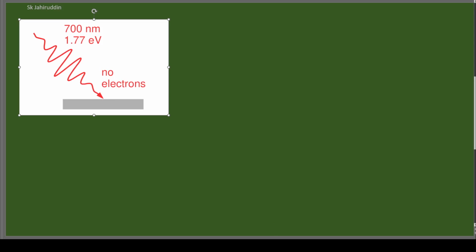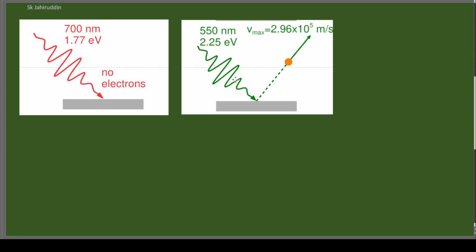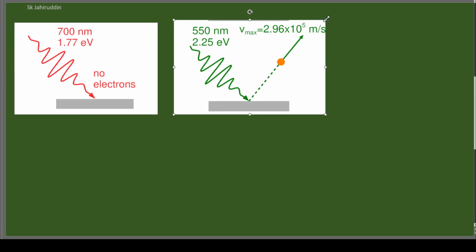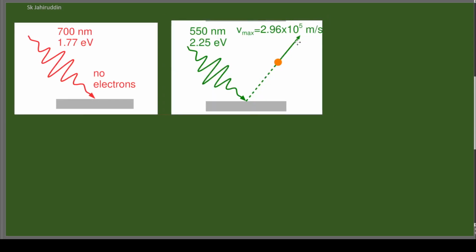If you give green light, whose wavelength is smaller, then for this particular metal you'll see some electrons with a maximum velocity around this. So this is 550 nanometer light with energy 2.25 electron volt. This is 700 nanometer light with energy 1.77 electron volt.